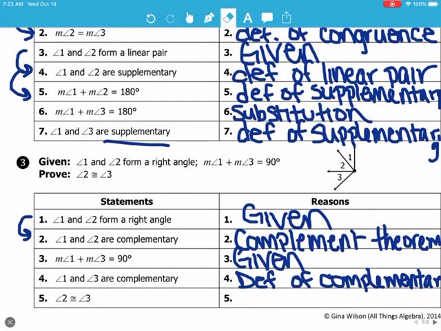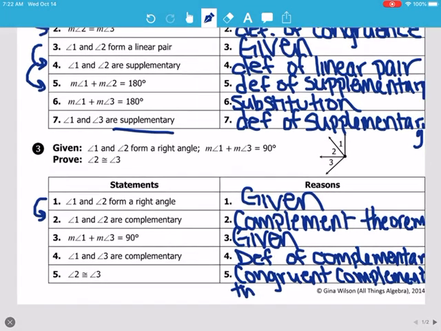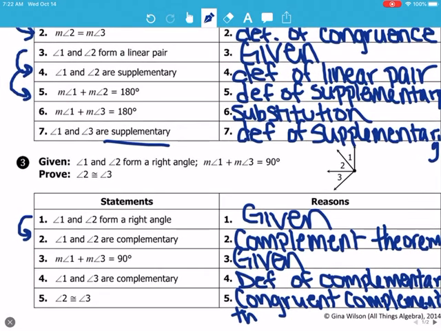Okay, and lastly, that means 2 and 3 have to be congruent. This would be the congruent complement theorem. I can't fit it.